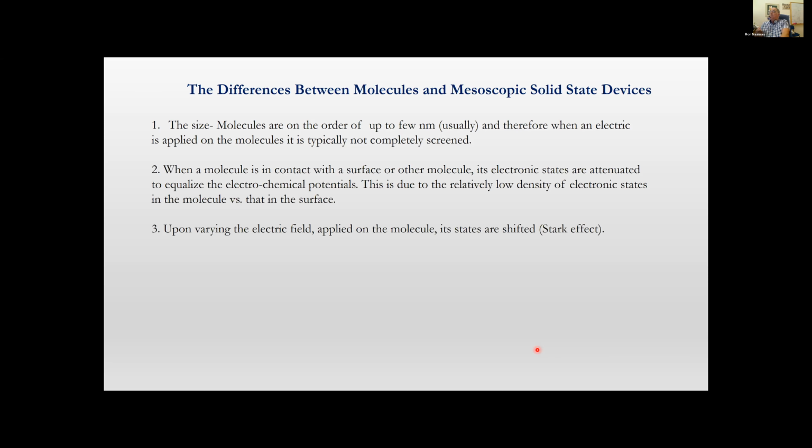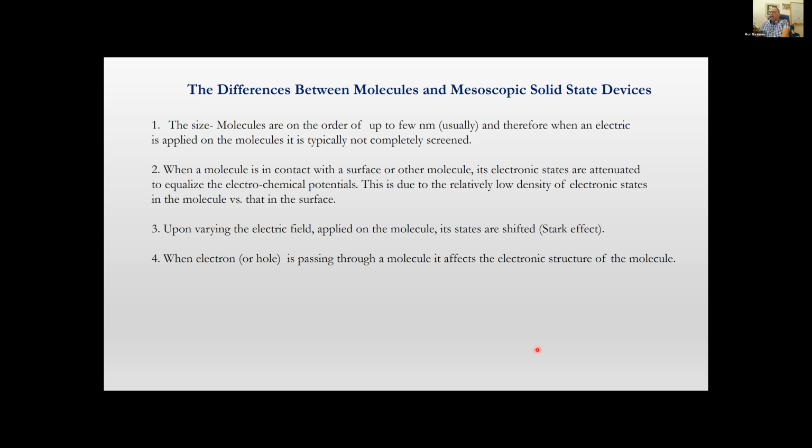Now, when we apply an electric field on the molecule, we see there is a Stark shift, and when the electrons or holes are passing through the molecule, they themselves affect the electronic structure of the molecule.